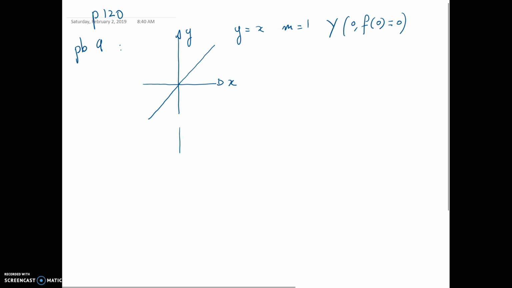Now, if I want to graph y equal x plus 3, so the first one was y1. If I want to graph y2, y equal x plus 3, that reminds me that basically y2 is equal to y1 plus 3.